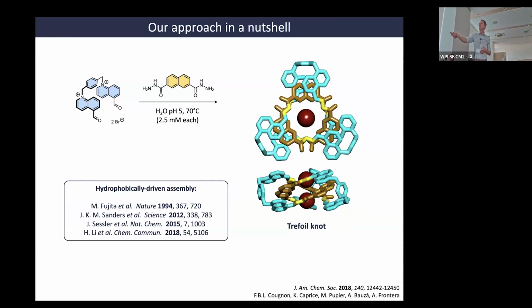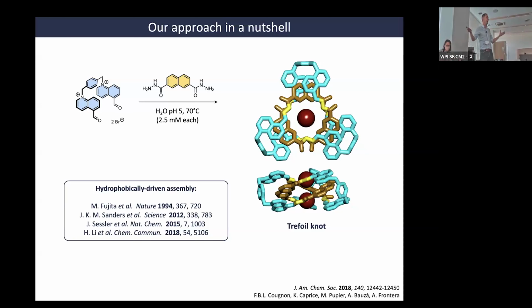And interestingly, the synthesis of the trefoil knot is actually templated by the anion which is introduced at the beginning of the synthesis, which is bromide. And we see that the two bromides are bound in the central cavity of the trefoil knot. And so the yield of the trefoil knot depends upon the halide that you use during the synthesis.